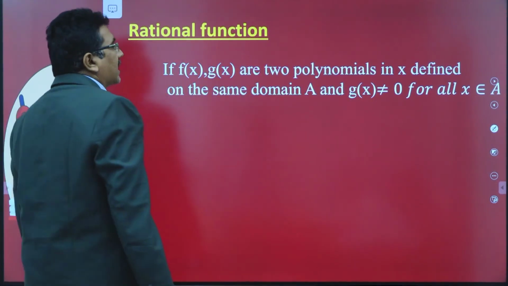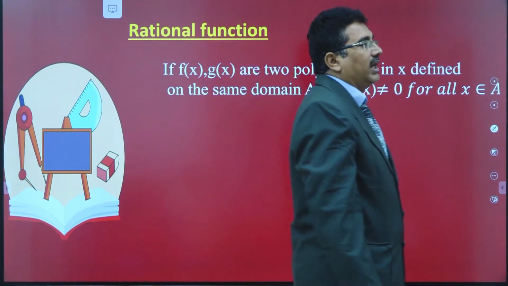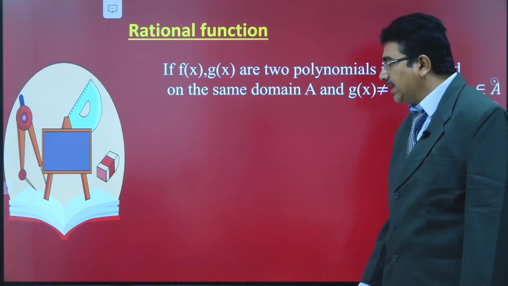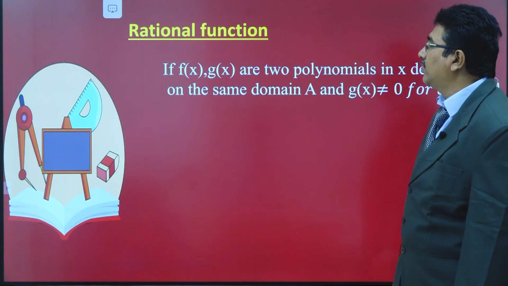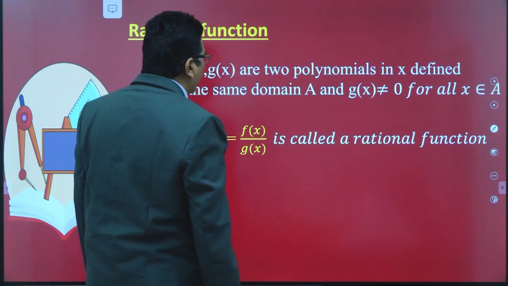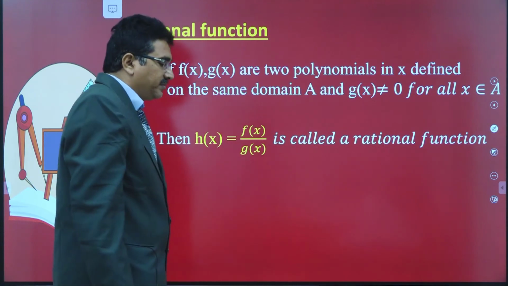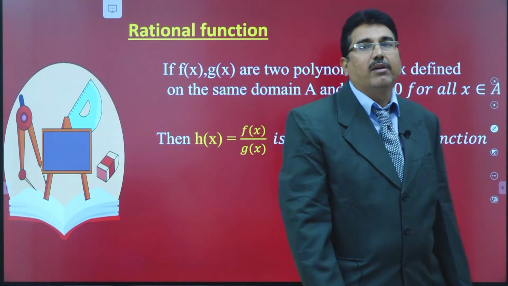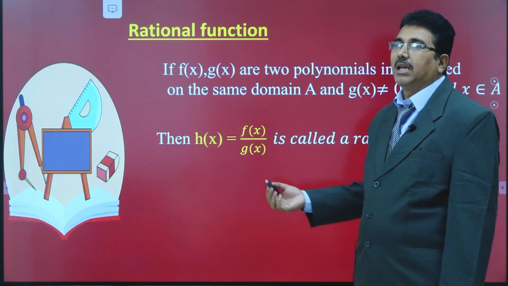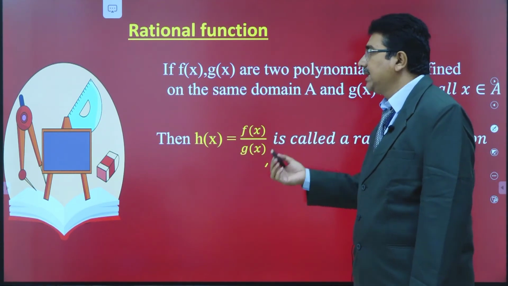If f of x and g of x are two polynomials defined on the same domain A, and particularly g of x not equal to 0 for all x belonging to the domain, then h of x is equal to f of x by g of x. Here also h of x is of the form f of x by g of x. This is called a rational function, provided g of x not equal to 0.